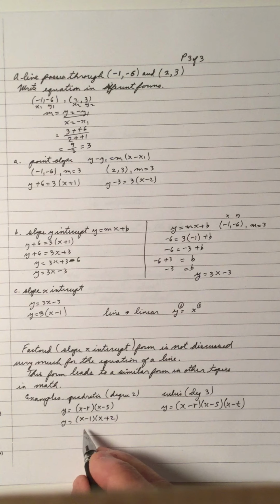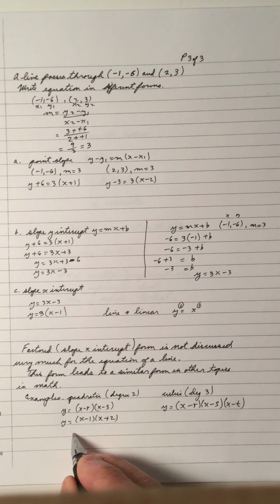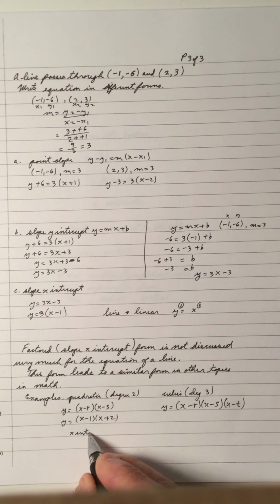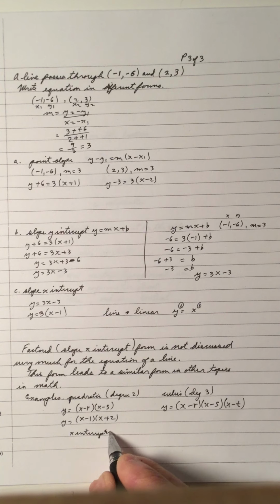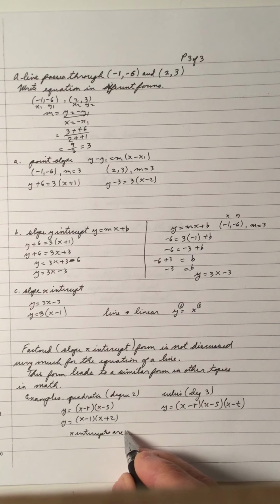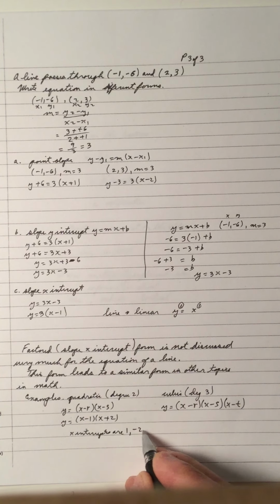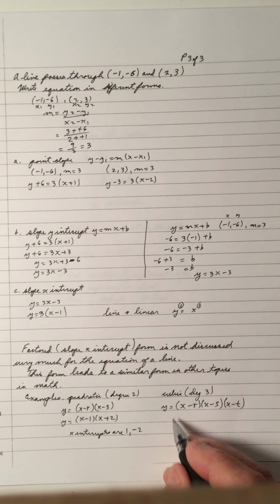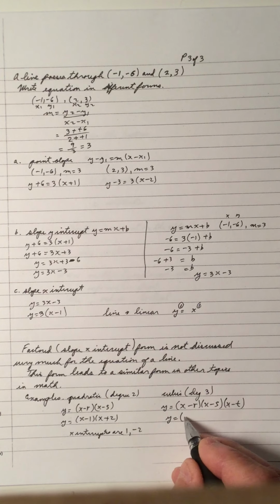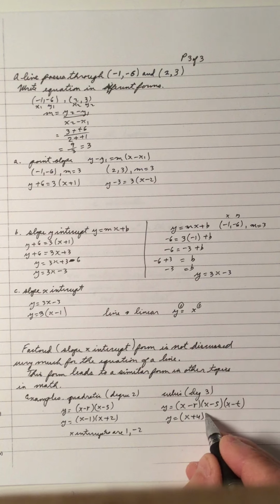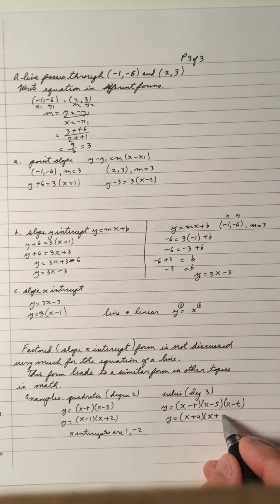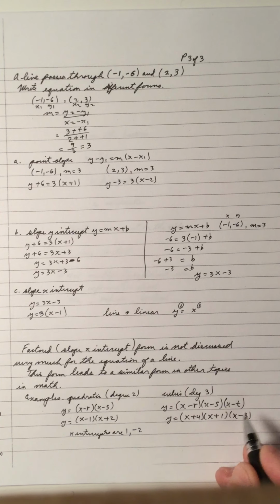So notice in a bracket, the x-intercepts are 1 and negative 2. You take the opposite. And over here, if I write down one of these, I've got an x plus 4, an x plus 1, and an x minus 3.